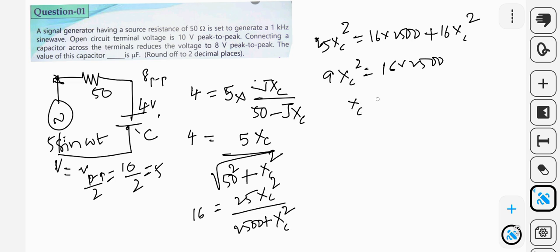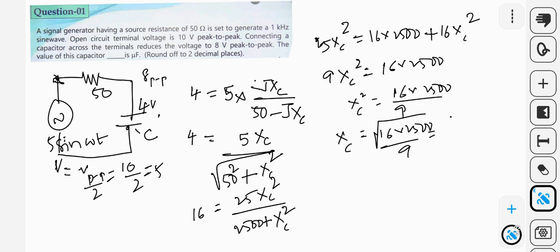So Xc squared is 16 into 2500 divided by 9, and Xc is the square root of this, which is 4 into 50 by 3, so 200 divided by 3.